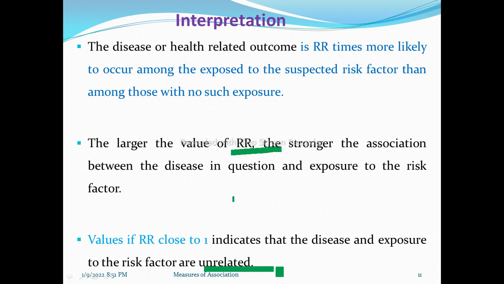Meaning when the relative risk becomes 1, there is no association. The closer it gets to 1, the more the association between disease and exposure becomes unrelated.